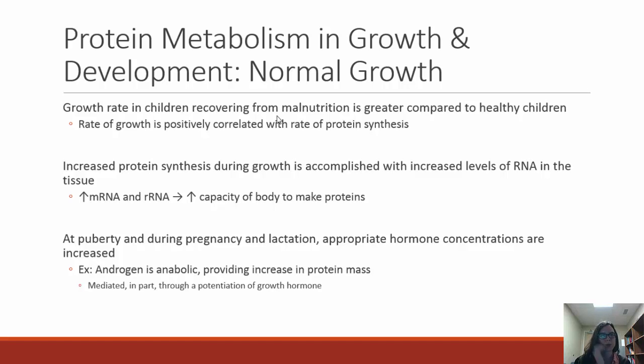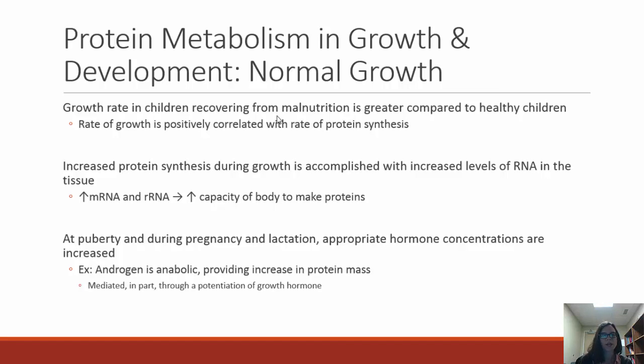Now, increased protein synthesis during periods of growth is accomplished with increased levels of RNA in the tissue. So the more mRNA and RNA we make, the higher capacity we have for making proteins. Again, makes sense. So at puberty and during pregnancy and lactation, we have appropriate hormonal control that changes so that we can have increased protein synthesis.